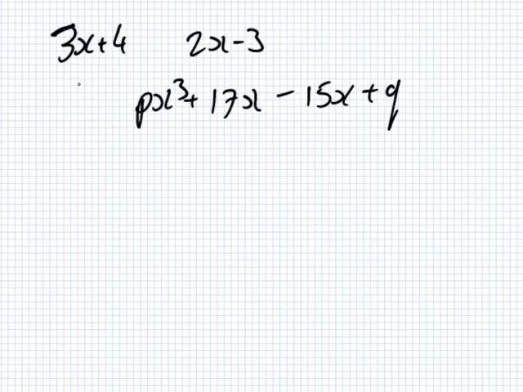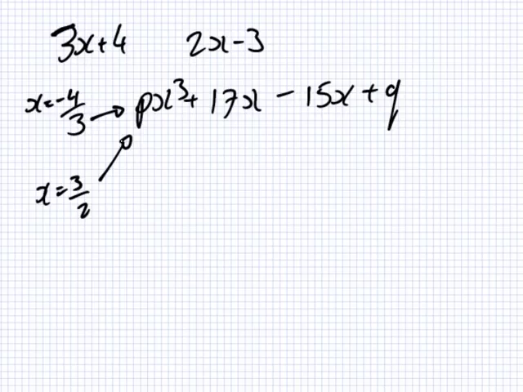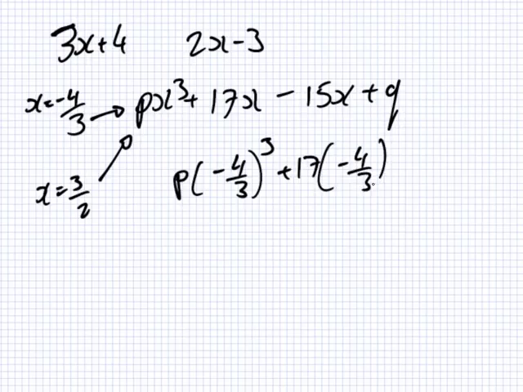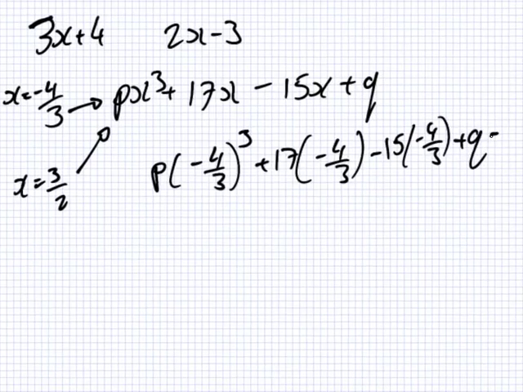So that means when I put x equals minus 4 over 3 and x equals 3 over 2 into that, it should both equal 0. So I get p times minus 4 over 3 cubed plus 17 times minus 4 over 3 squared minus 15 times minus 4 over 3 plus q should equal 0.